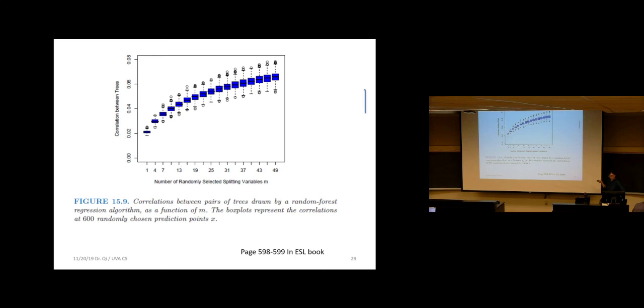The smaller the M, the lower the correlation among trees. You can see the y-axis is the average correlation among trees, which is extremely small, about 0.06, and when you have a lot of M, it increases the correlation. Then you normally stop at a certain number, and in the next slide the author has a guidance about what M to pick.